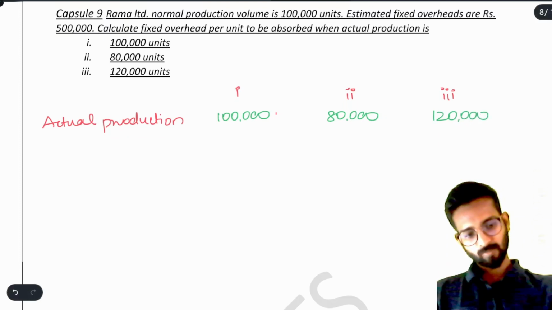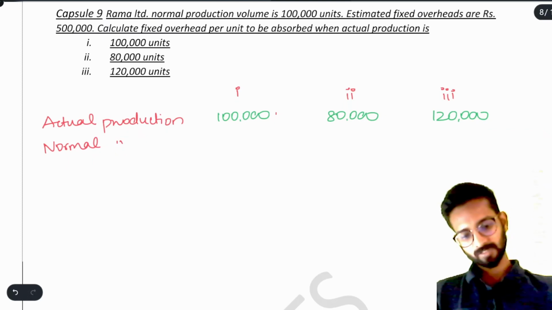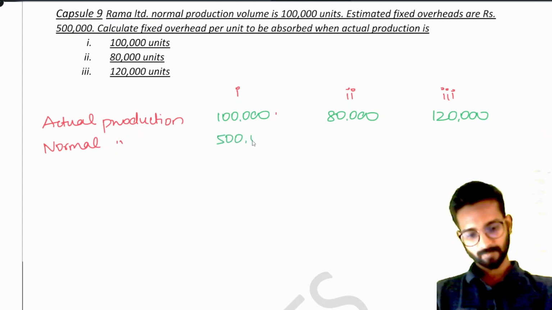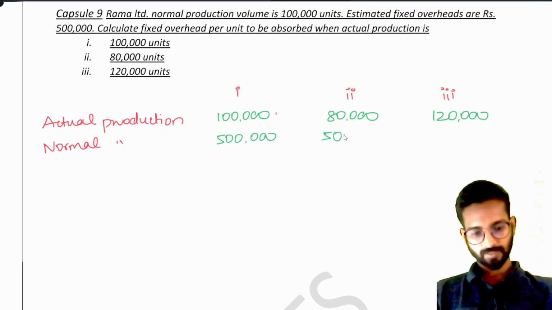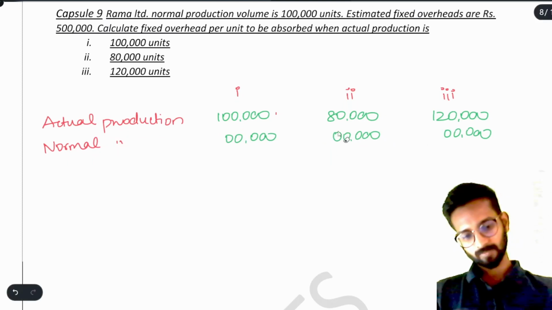How much is normal production? Normal production is 1 lakh. That will be constant, 1 lakh in each case.